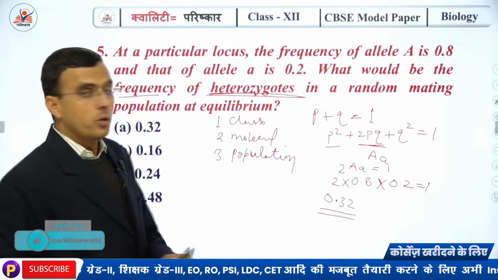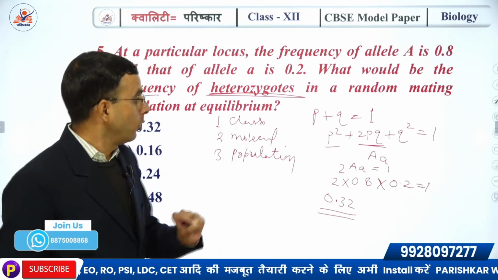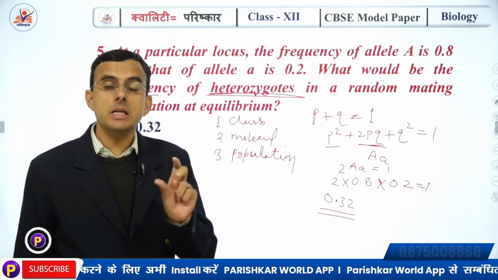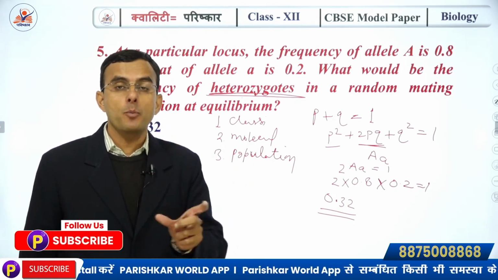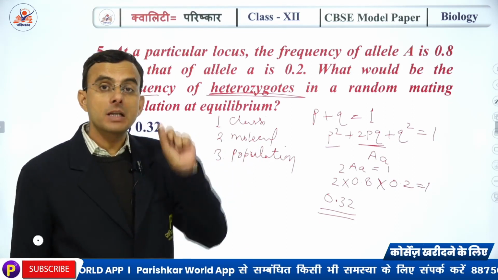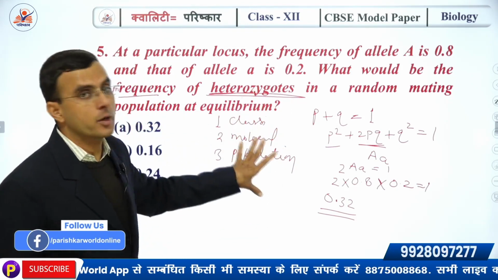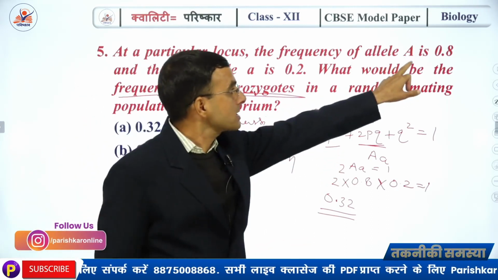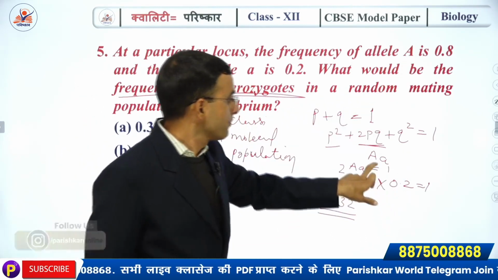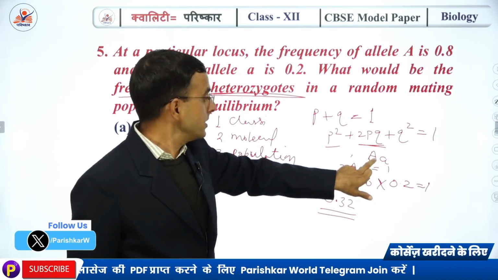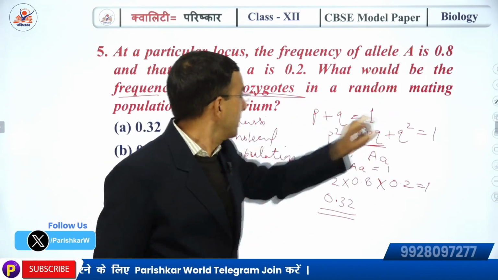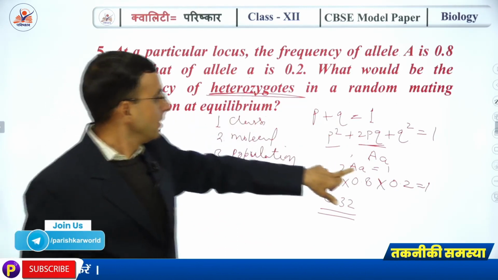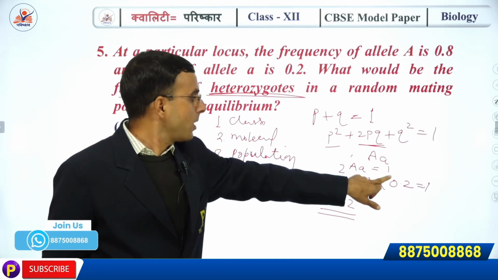So in the Hardy-Weinberg law, they are showing us the frequency of the population and the frequency of the genes in the population. That frequency is calculated by this formula, and in this formula they gave us the heterozygous condition frequency, that is the capital A, and the recessive allele, and in that recessive allele the amount is 1.